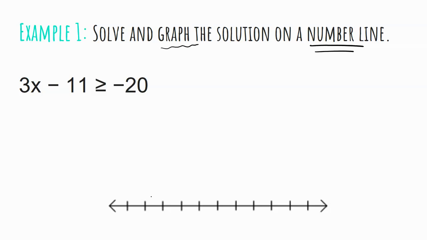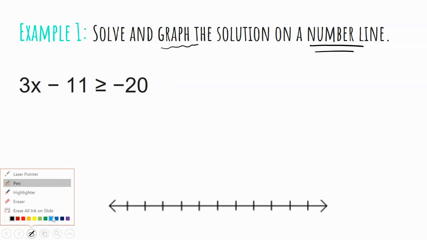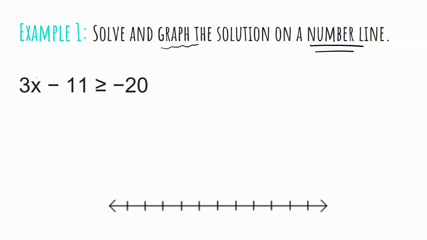And we have these little tick marks, and we're going to fill those in with numbers once we know what our solution is. So again, our main goal, we need to isolate our variable. We need to get our variable, which in this case is x, all by itself. Now, right now, it's not by itself because I have a lot of other things going on.